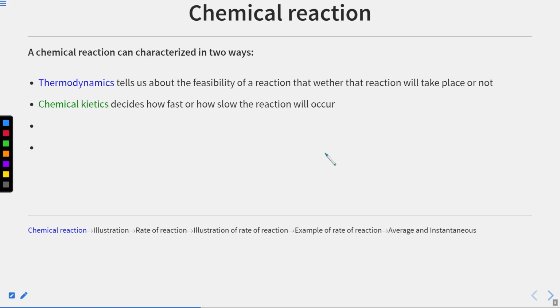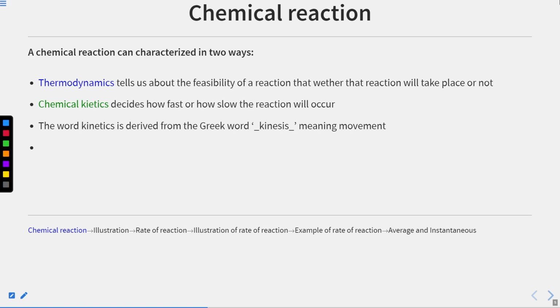Next point is chemical kinetics. So what does chemical kinetics do? Chemical kinetics plays the role of predicting the rate of reaction, that is, how fast or how slow the reaction will go. If you see the word chemical kinetics, the word kinetics is derived from a Greek word kinesis, which means movement.